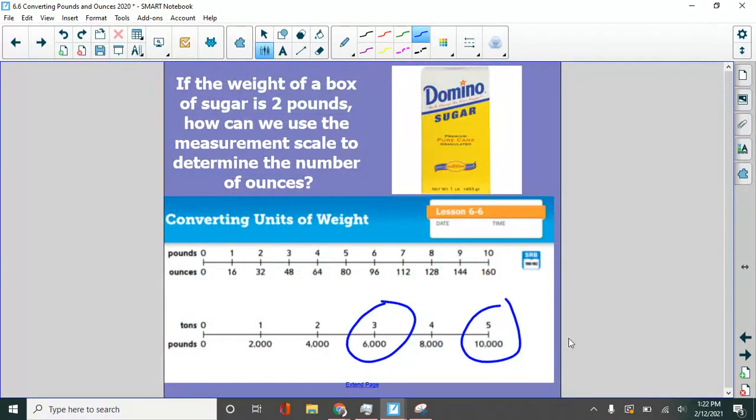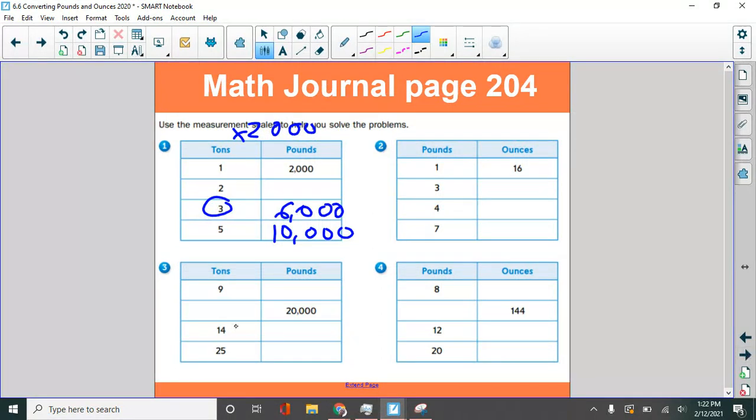Is that on the chart? No. So 14 times 2,000. We'll use your rule here, guys. Cross out the zeros. 2, 3. What's 14 times 2? 28. And put back your 3 zeros.